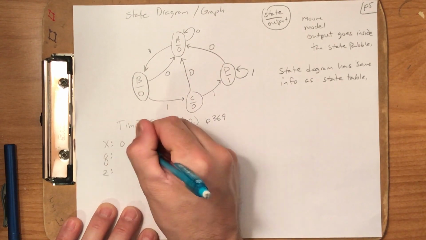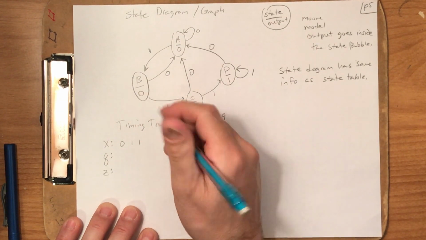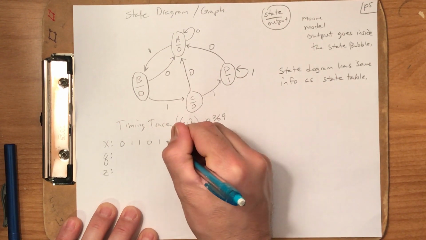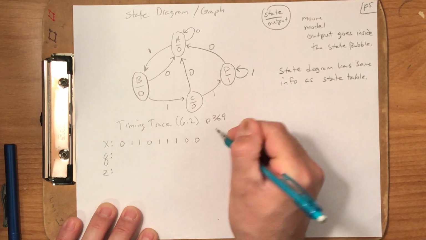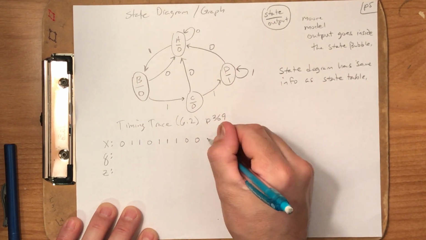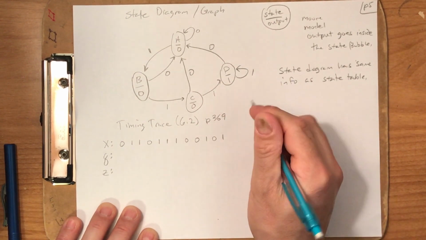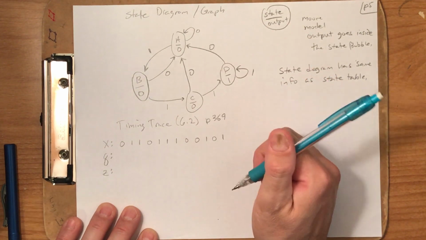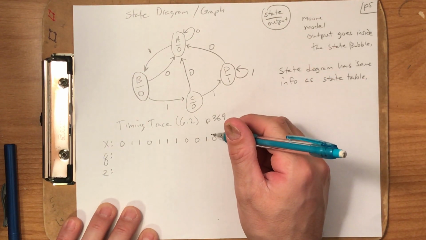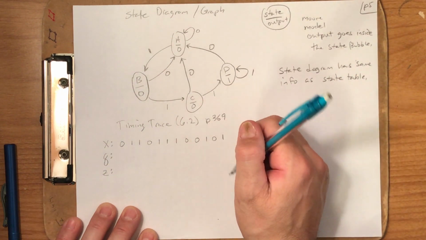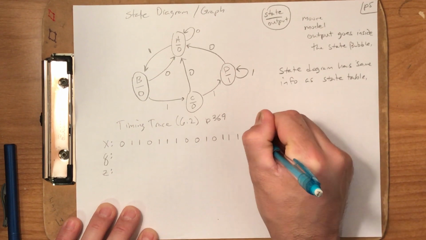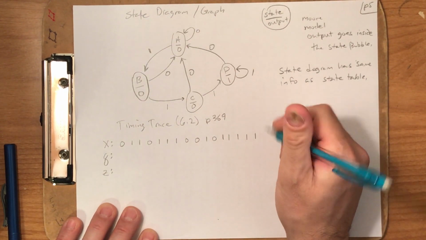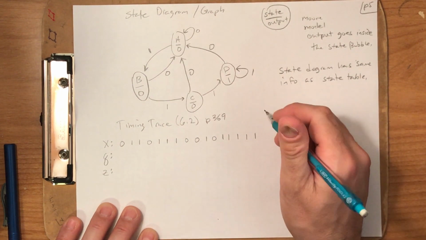So X, we have 0, 1, 1, 0, 1, 1, 1, 0, 0, 1, 0, 1. And we have 5 of those in a row. 2, 3, 4, 5. And then 2 more zeros.